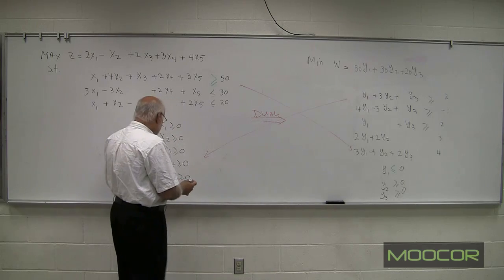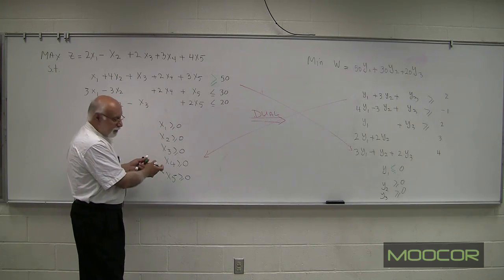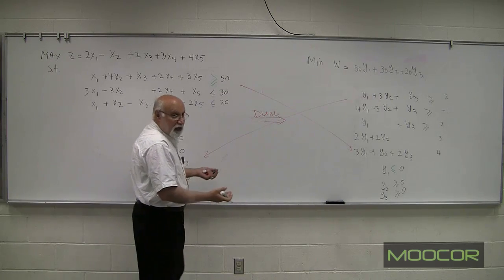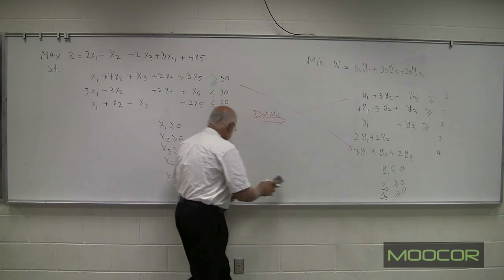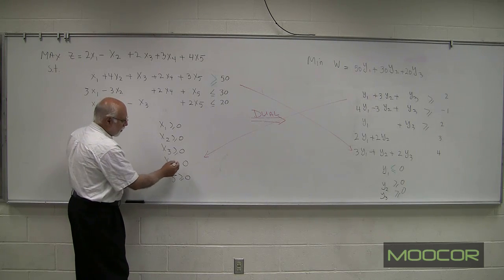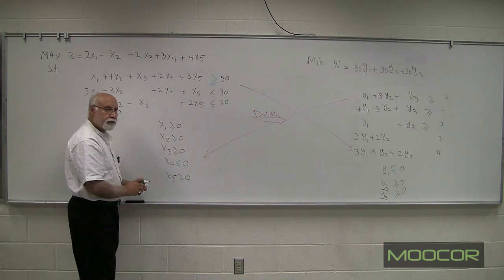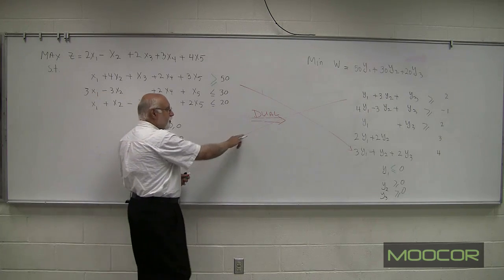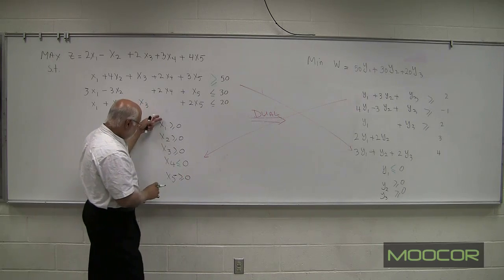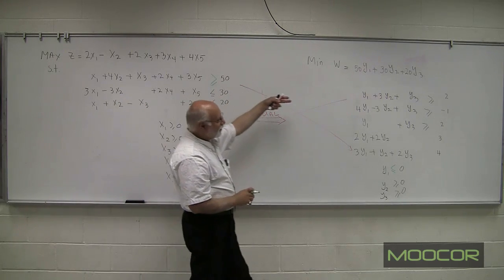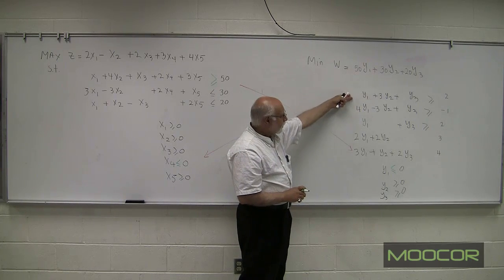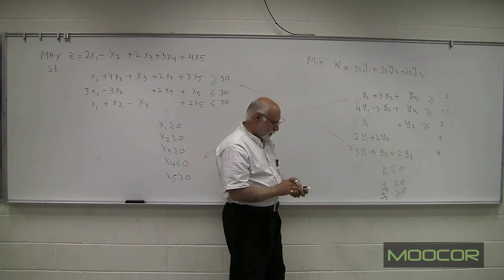What happens if a variable in here, instead of being greater than or equal to 0, is less than or equal to 0? Let's say x4 is less than or equal to 0. The relationship again is with the constraints. x4 is related to the fourth constraint.